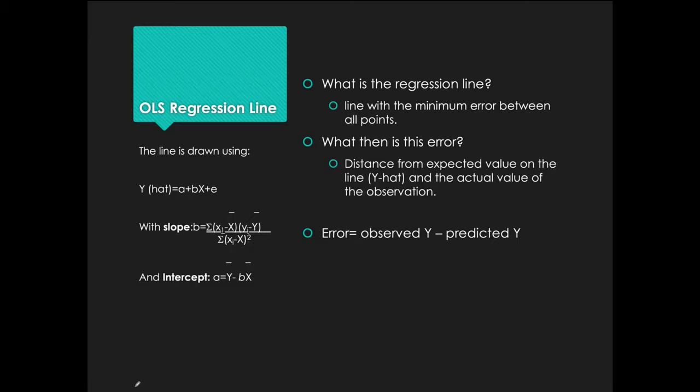The line is drawn using this very simple equation right here, which you might recall from high school or middle school. In this case, y hat, which is the expectation of that regression line, is created using this very simple algebraic equation, which is a plus bx plus e. A is the slope.